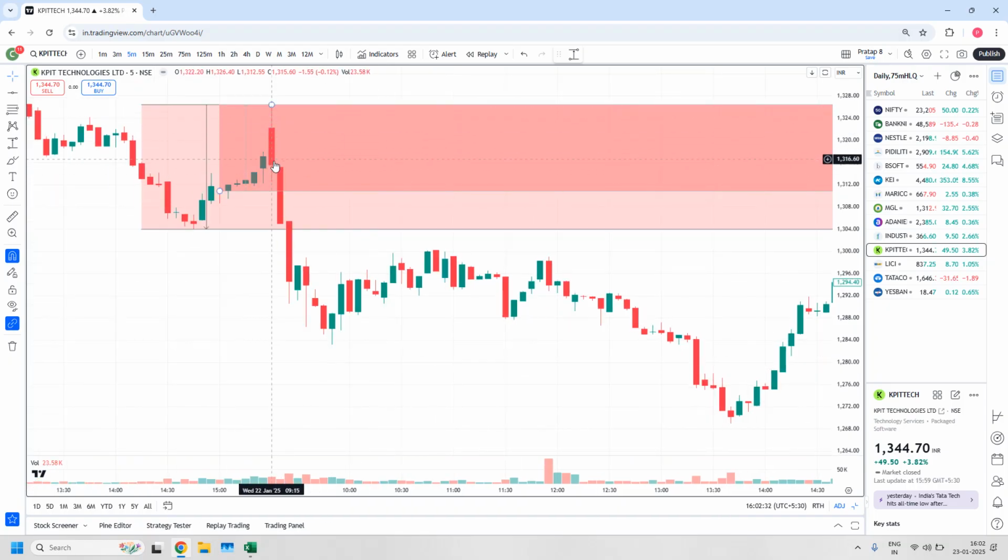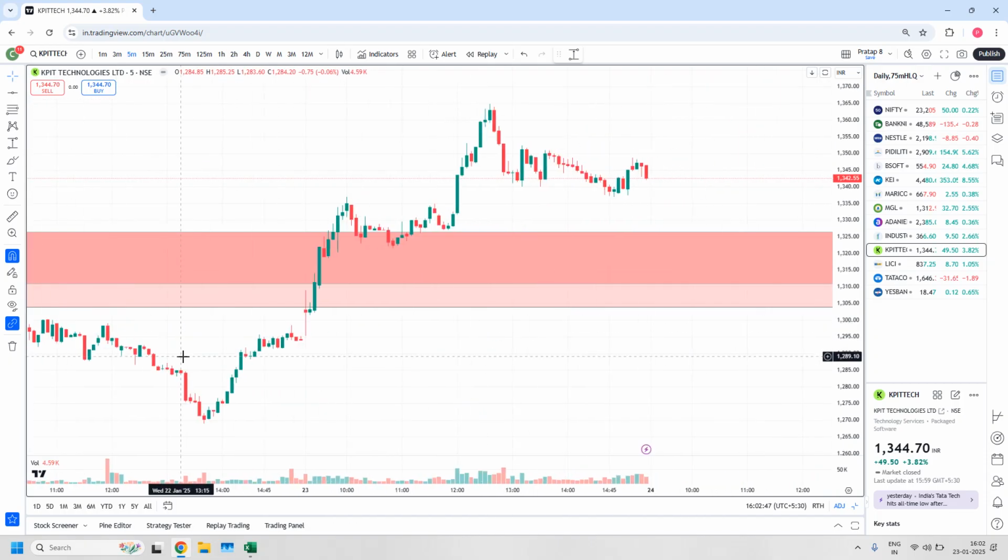We have a drop candle, another drop candle, another drop candle. Where are the base candles in between? No base candles. Such kind of zones will be violated easily. That is what happened today. The entire zone easily violated.